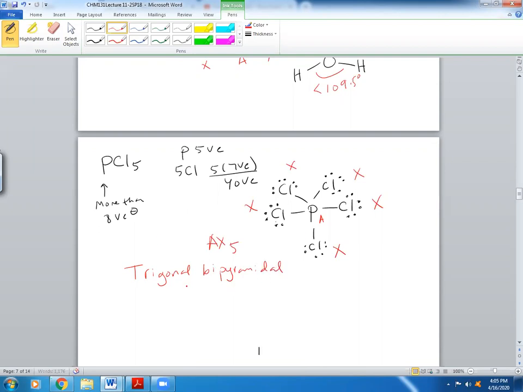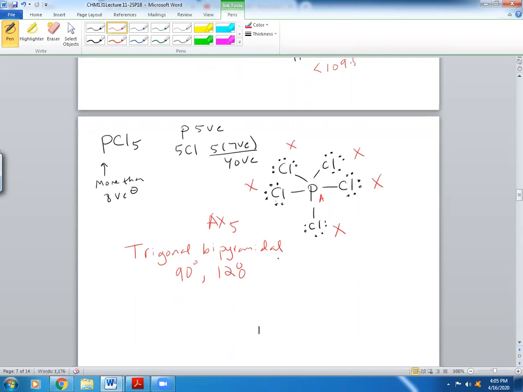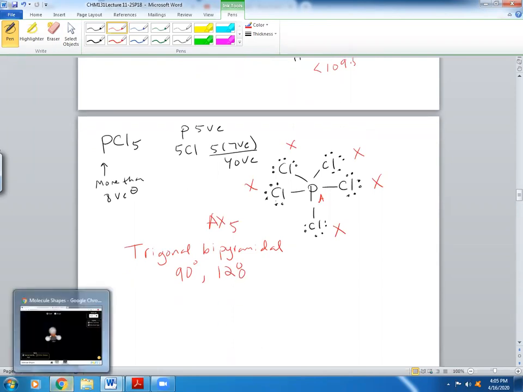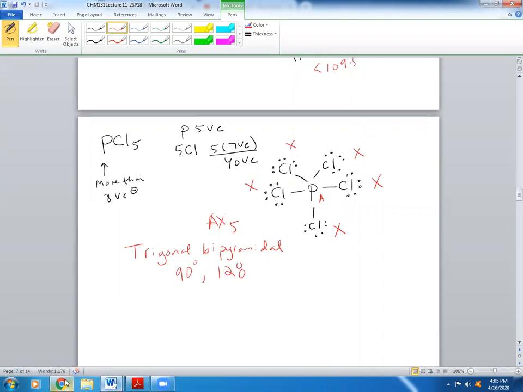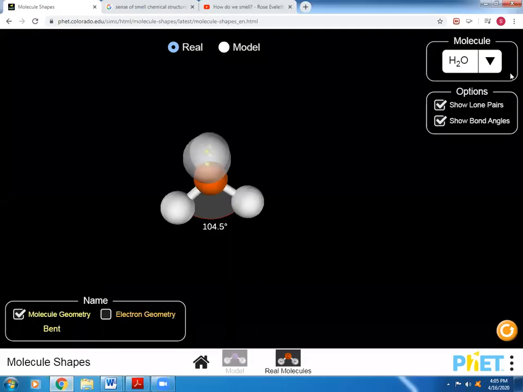The angles for these are 90 and 120, as you'll see here.